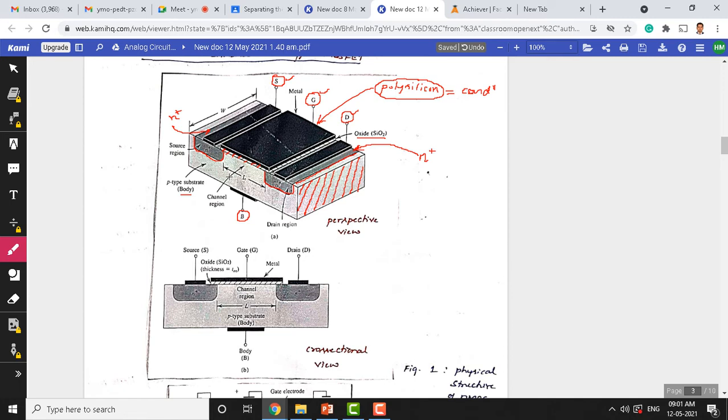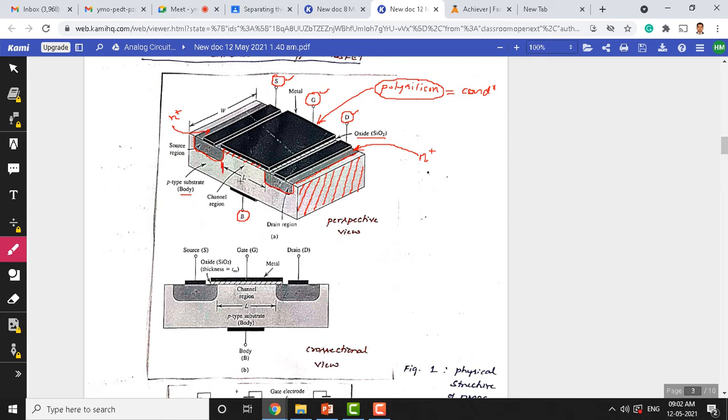And another important thing is the dimensions here. As you can see, the channel length here, this is called a channel. The distance between the source region here and the drain region, that distance we call a channel.